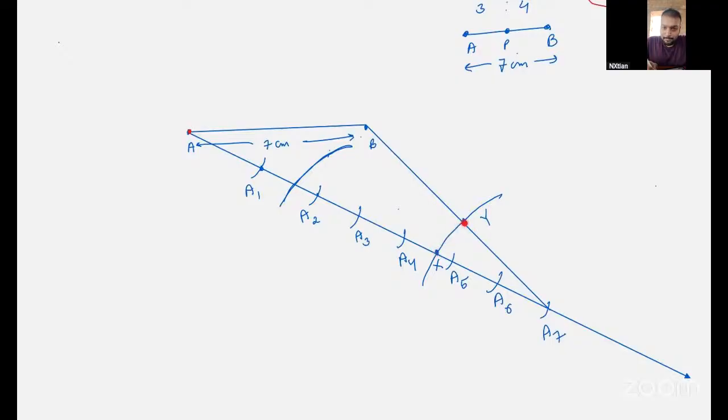Put the tip of the compass on x and open it till y. So it means that you measured xy. Got my point? Everyone? Christian, turn your camera. You got it?